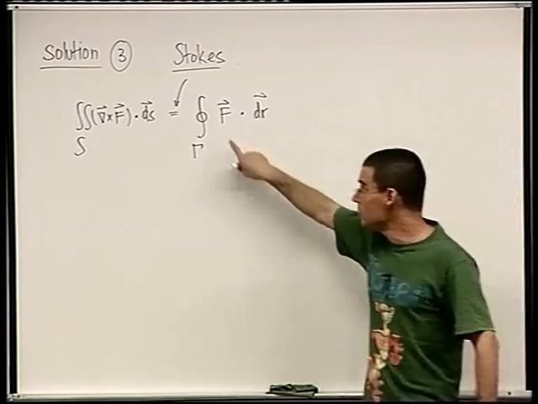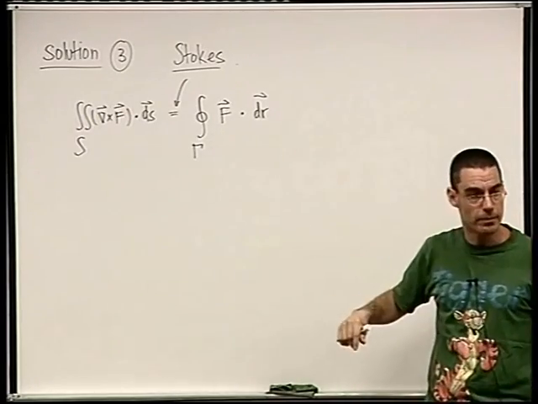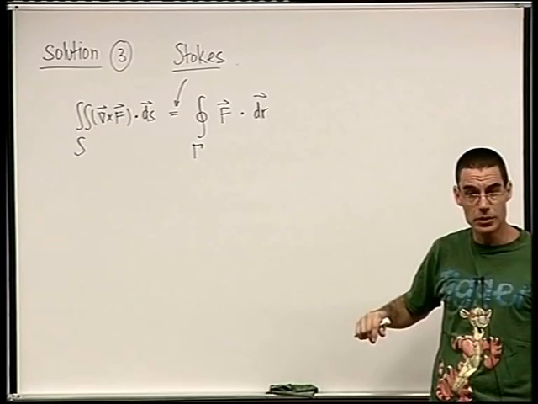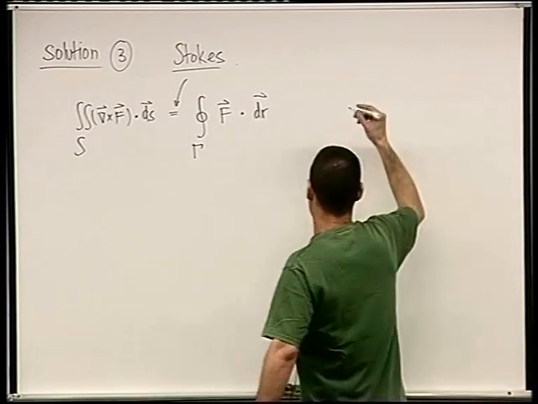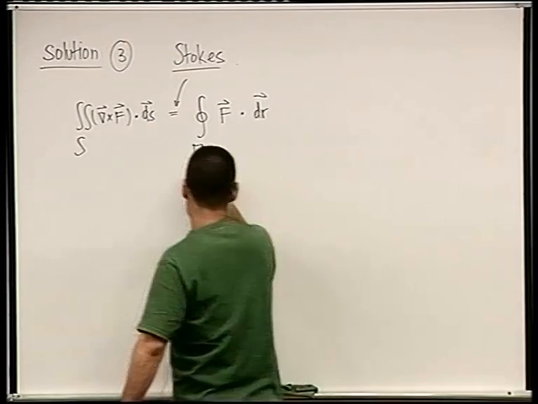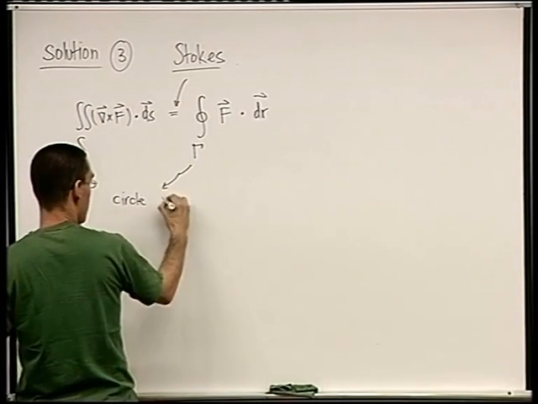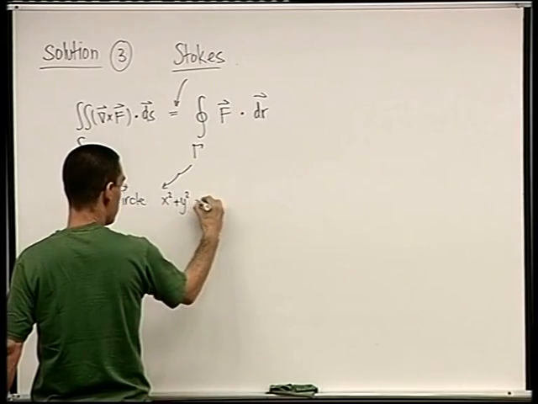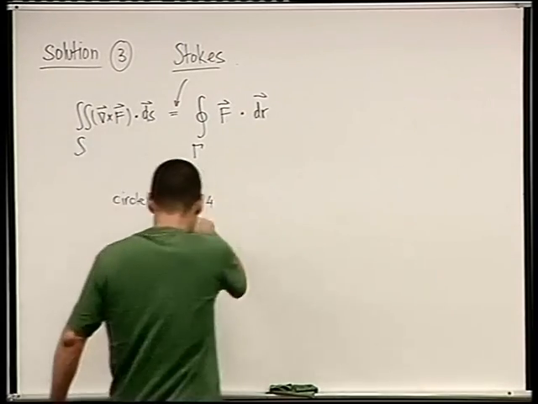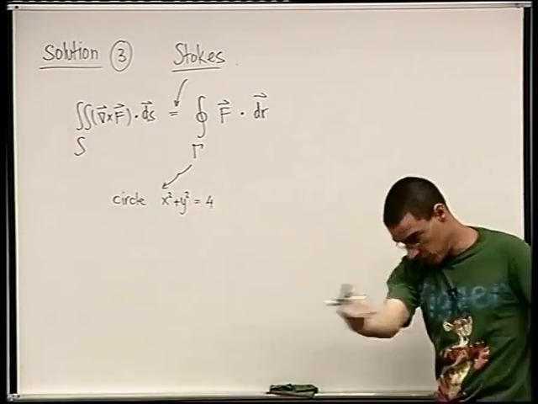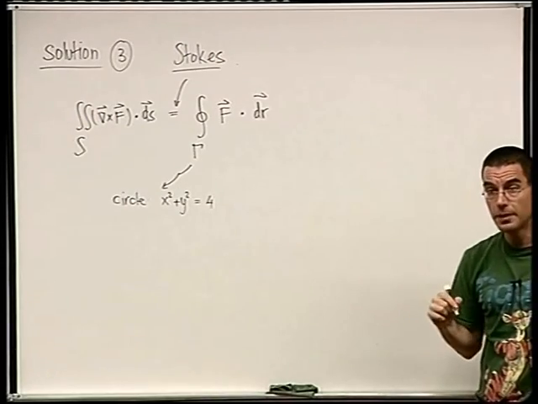We need r prime, and we need to do F dot r prime. Remember that? That's how we calculate line integrals. So gamma is now the circle x squared plus y squared equals 4. Not less than or equal, but equal. It's just the curve.